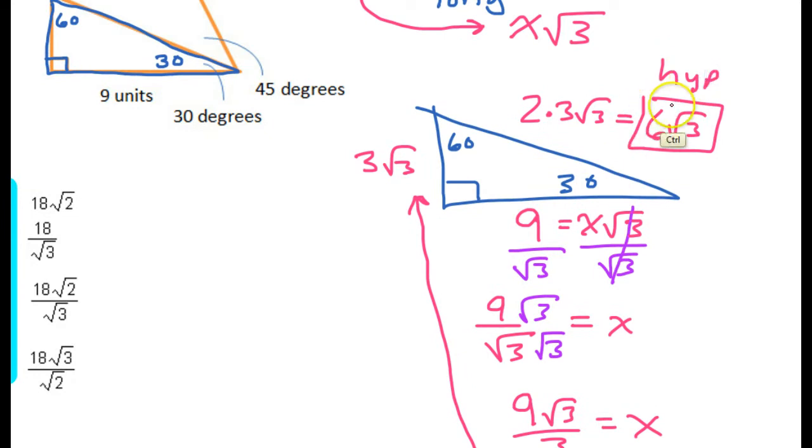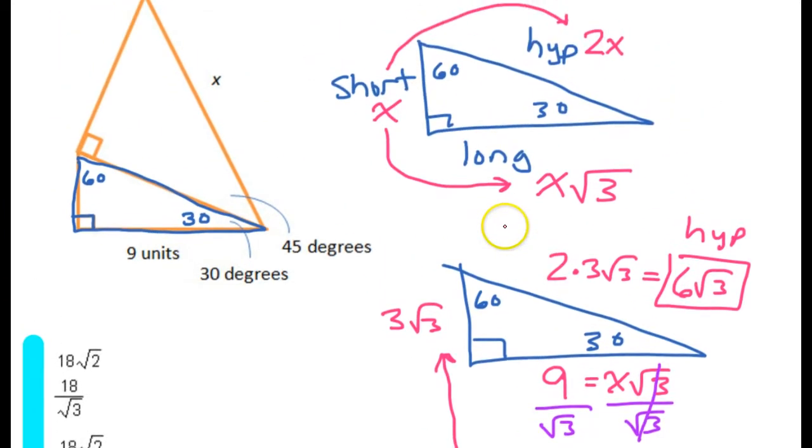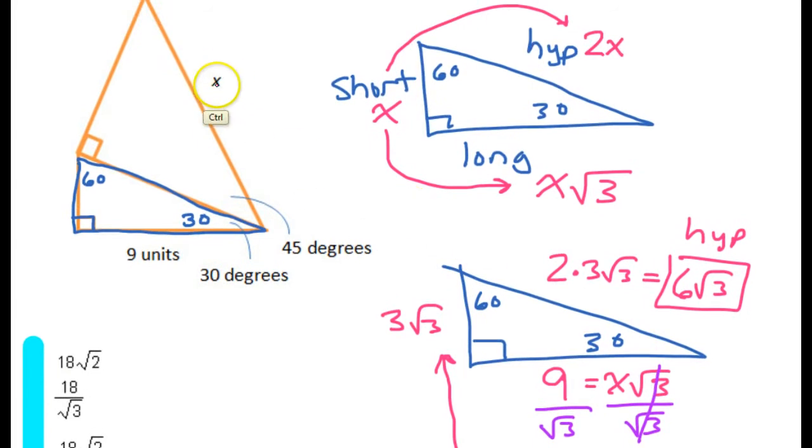And look, this is the thing I really needed to find, because our ultimate goal is to find x here. The thing that connects this triangle with the next triangle is this hypotenuse. So we just found that the hypotenuse is 6 radical 3.